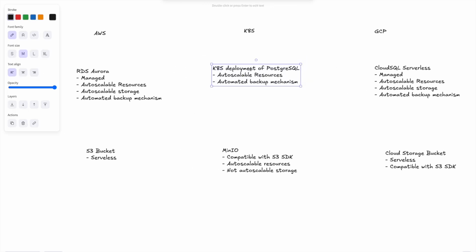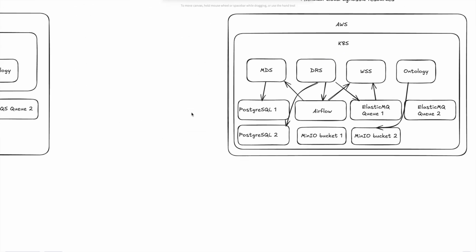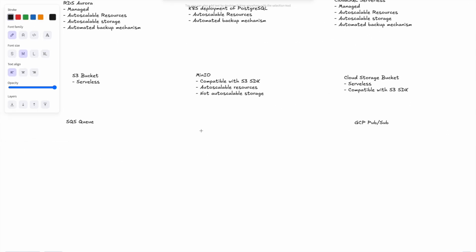So let's step further. Let's go to the SQS queue. With SQS in the Google Cloud Platform, we can use the alternative, Pub/Sub, and in Kubernetes, really, we can deploy everything we want. I really like the NATS messaging broker. However, in this particular example, I will focus on ElasticMQ.